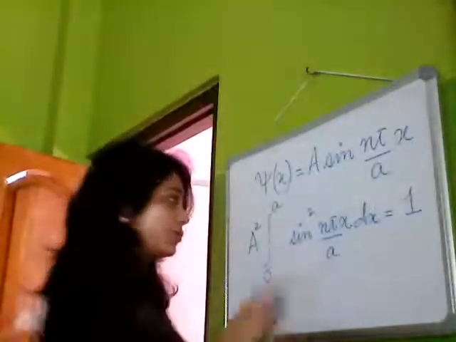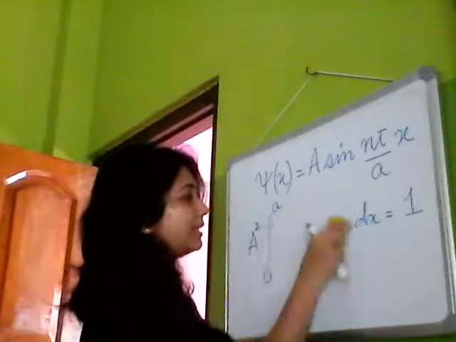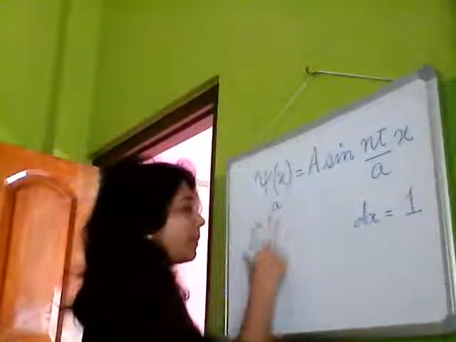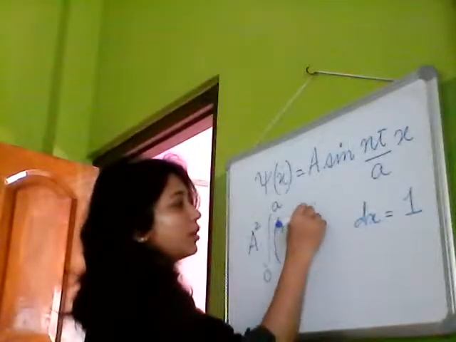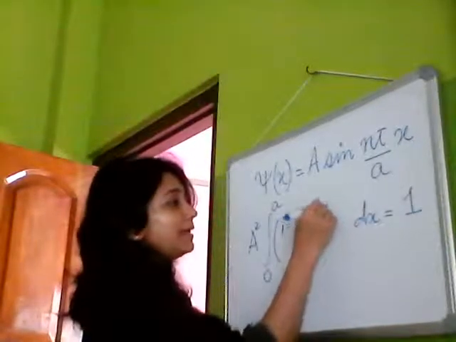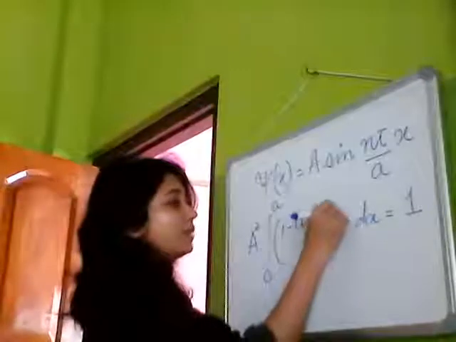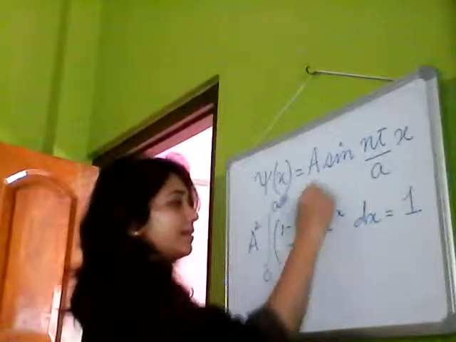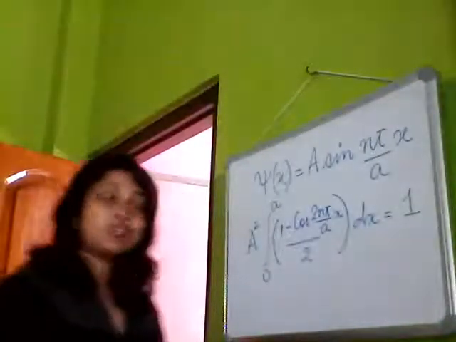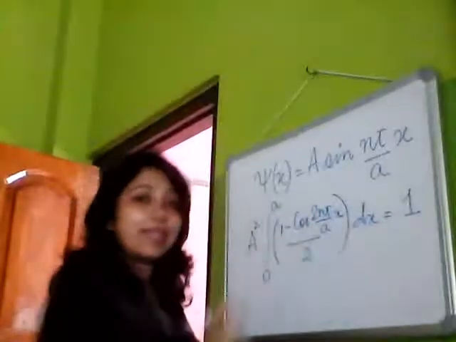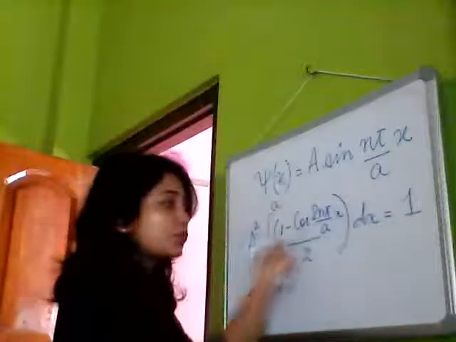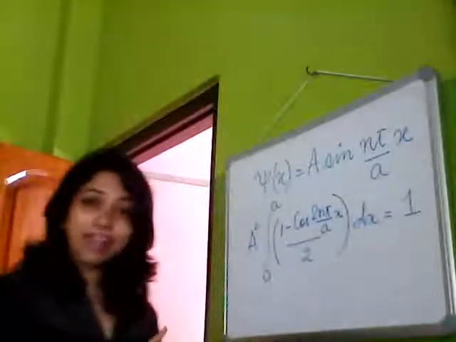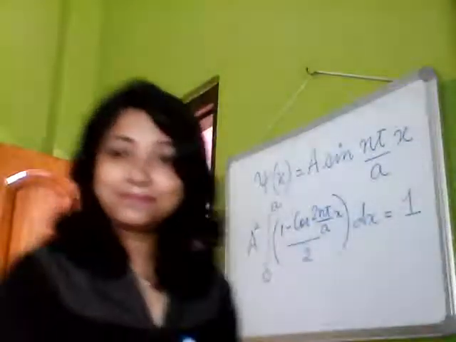So, I hope you will agree with me if I write this as 1 minus cos 2n pi x by a, all divided by 2. So sine square n pi x by a, I have converted to 1 minus cos 2n pi x by a over 2. Am I right? Is my formula correct?